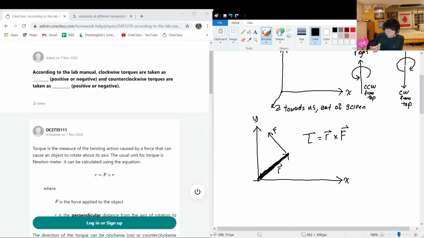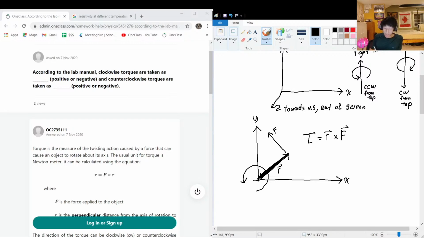R cross product F. If we were to actually implement this in real life, we would see that the arm R is being forced into a counterclockwise direction.